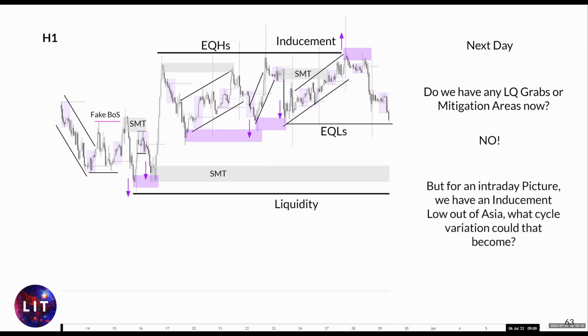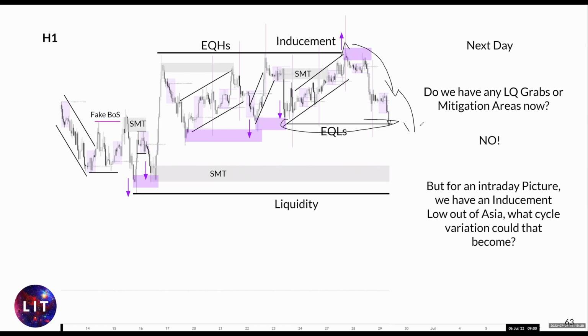So, for an intraday picture, I mean now this day in here, we have an inducement in what direction? Low. Okay, so if we have an inducement low out of Asia, what cycle variation could this become? Trading away from the medium inducement. We have no liquidity taken to a low side. If anything, we build up liquidity in here.